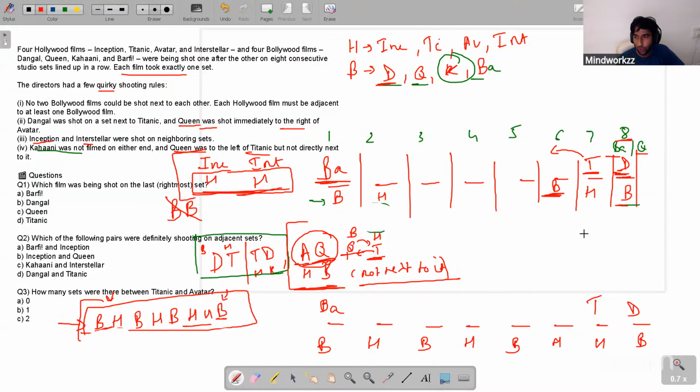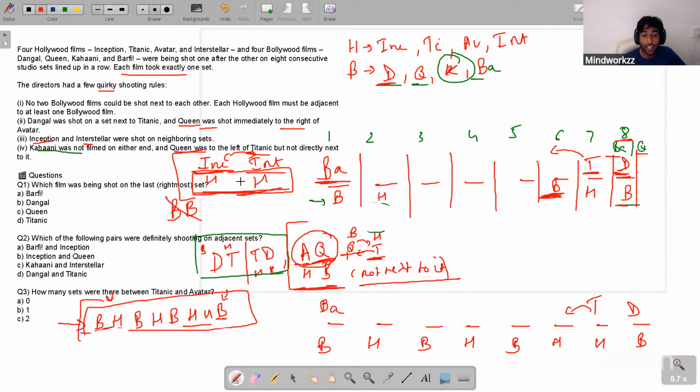Next to Titanic, I have another Hollywood film, or next to Titanic, I have a Bollywood film. Now, if you try to see which are the two Hollywood films which are coming together, those two films are Interstellar and Inception. Of course, they can come interchangeably, but they are Interstellar and Inception.